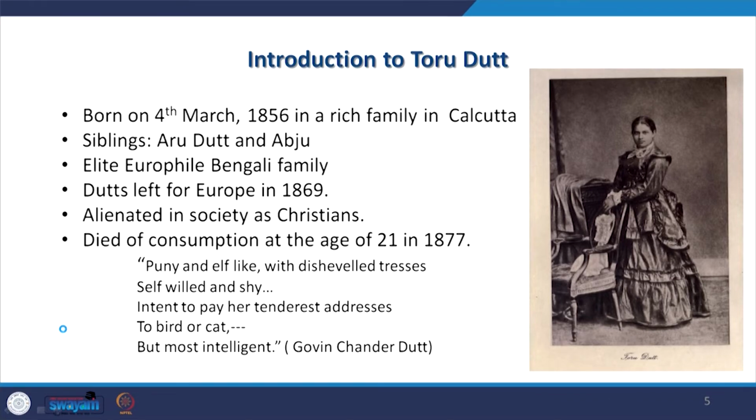Toru Dutt actually was very intelligent right from the beginning, and she had her passion and sympathies for everything that was around her. It is said that she even wanted a mosquito for her canaries. She had the same sort of love for the birds and also at times the nature which was around her. So, Toru was witty by nature.